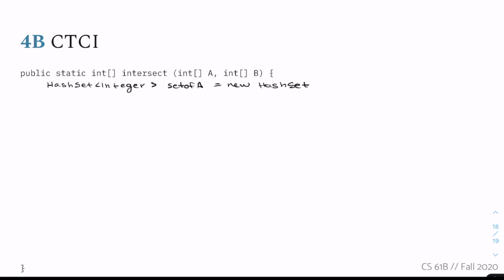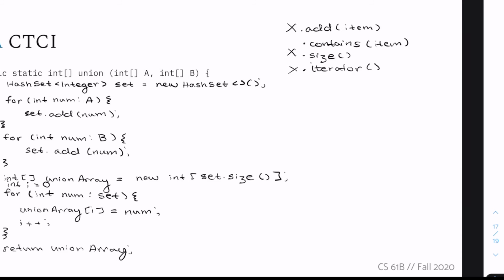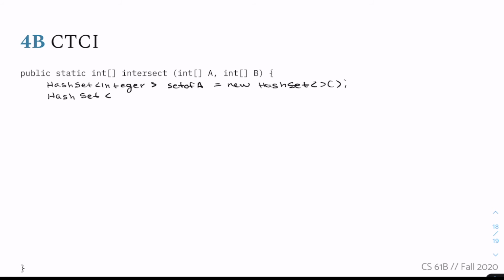This will only contain items within A. And then we'll have a second one that actually contains the intersection. Because if you recall, I said there were 4 functions and we only ended up using 3 of them. So in this version, we're going to use all 4. So we'll have hash set integer again, and this one will be the actual intersection.